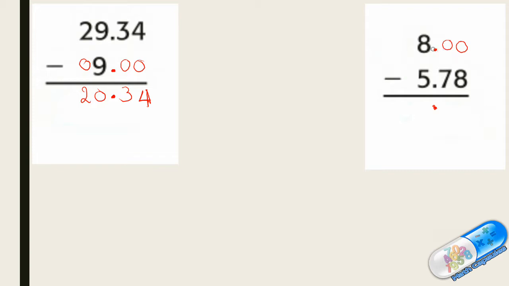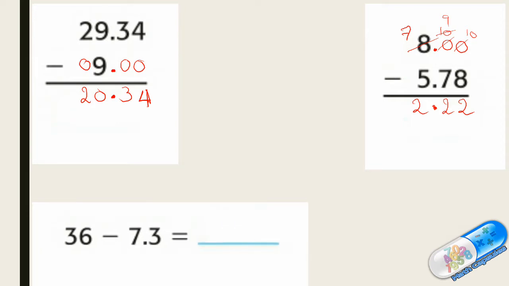Borrow from the 0 cannot be, so I'll borrow from the 8. The 8 becomes 7 and this 0 becomes 10. Now borrow from this one, this will become 9 and this will become 10. Now 10 minus 8 is 2, 9 minus 7 is 2, and 7 minus 5 is another 2. So the answer is 2 and 22 hundredths.